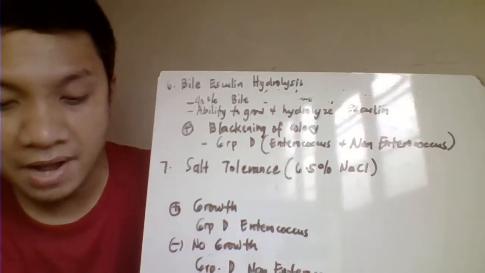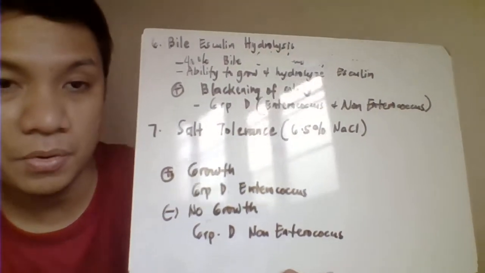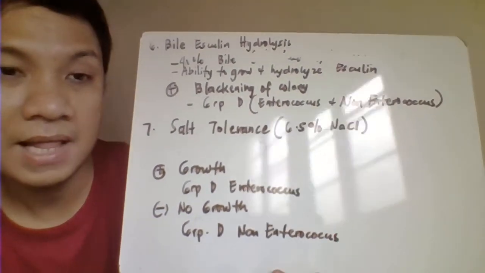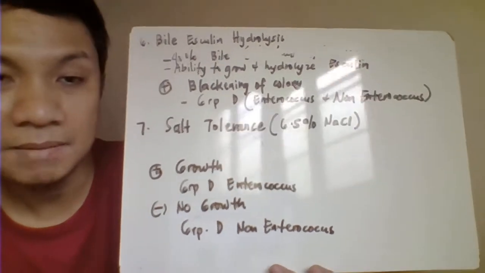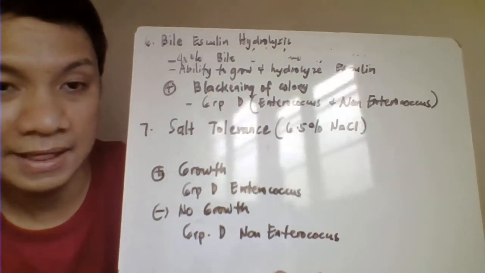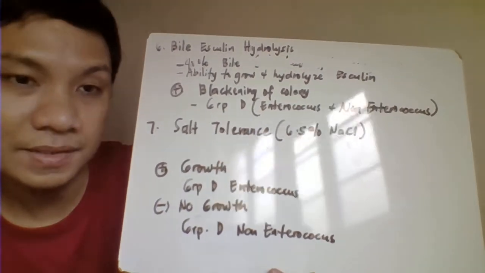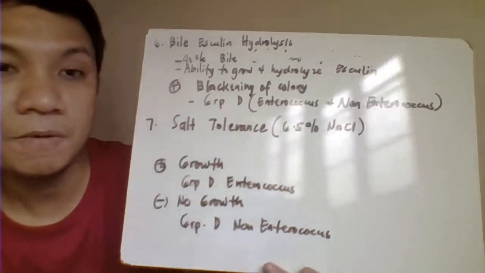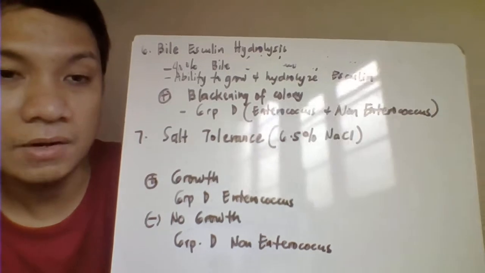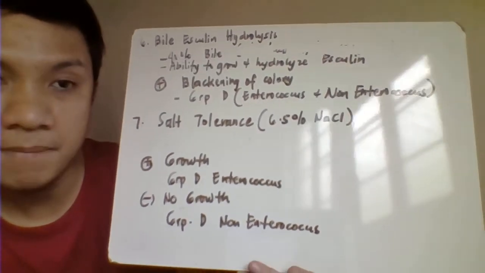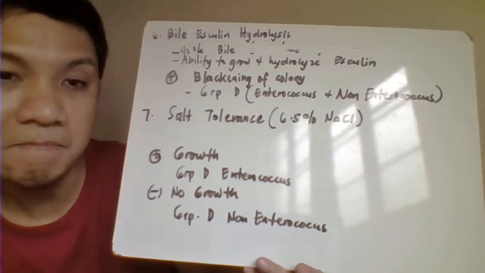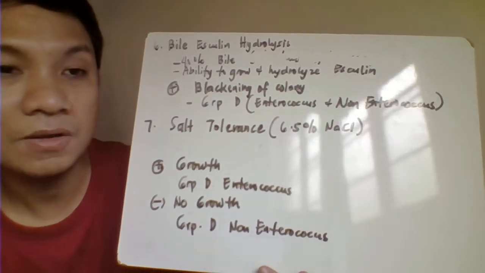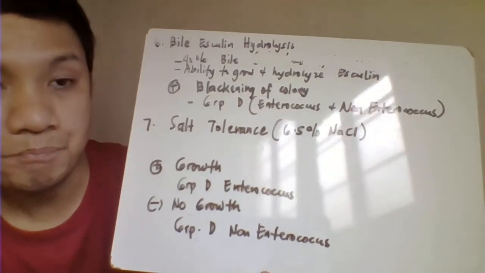Again, this would identify the ability of your strep to grow in 40% bile and its ability to hydrolyze esculin. If your strep is able to grow in the 40% bile, it will grow in the culture media, and then hydrolyze the esculin, producing a blackening of the colony. So the colony will turn black.